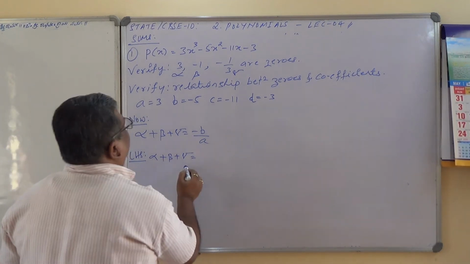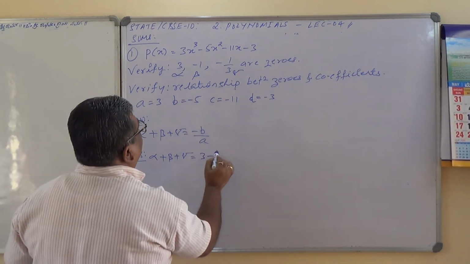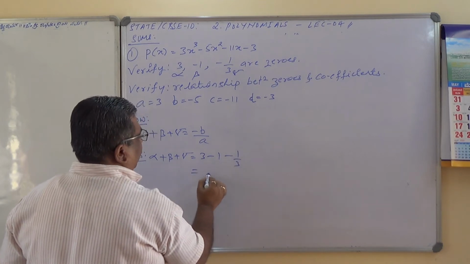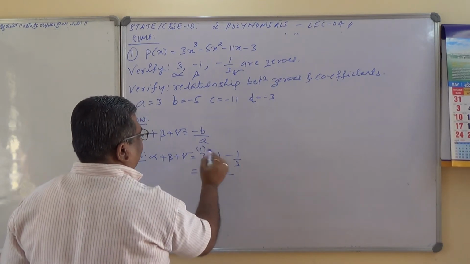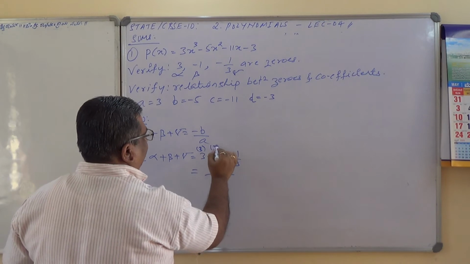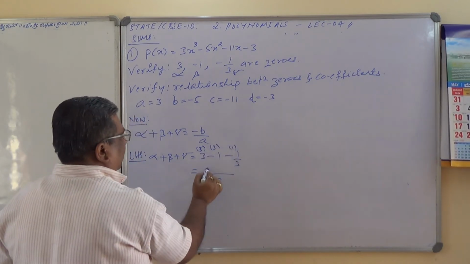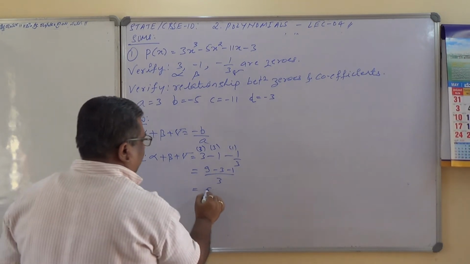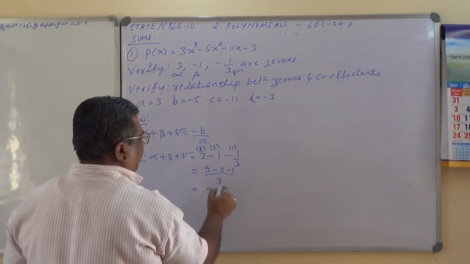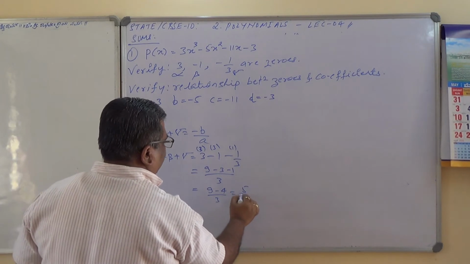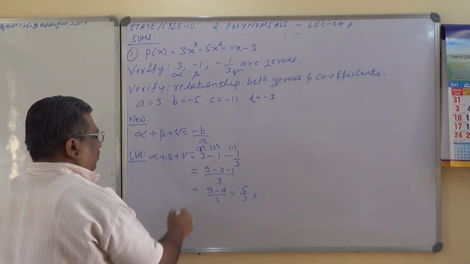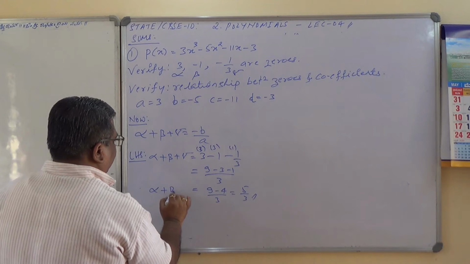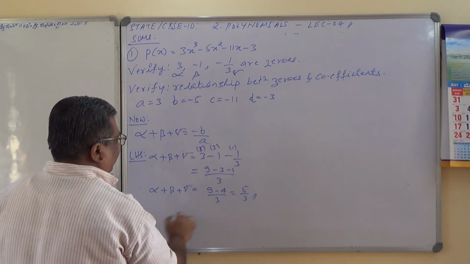Now alpha plus beta plus gamma equals 3 minus 1 minus 1 by 3. So 3 is the LCM: 3 ones are 3, 1 threes are 3. So this will be 9 minus 3 minus 1, which equals 9 minus 4 divided by 3, which is 5 by 3. So we got alpha plus beta plus gamma equals 5 by 3.